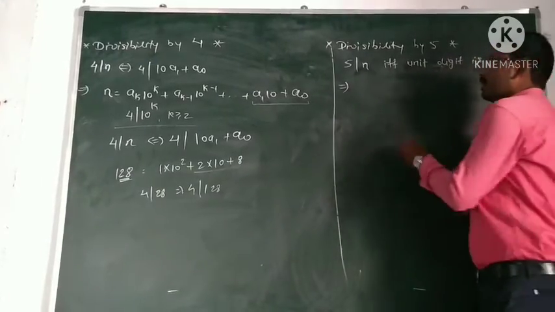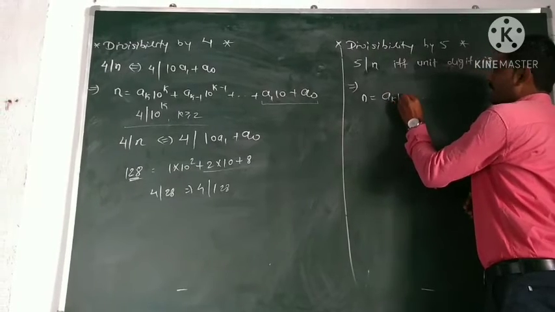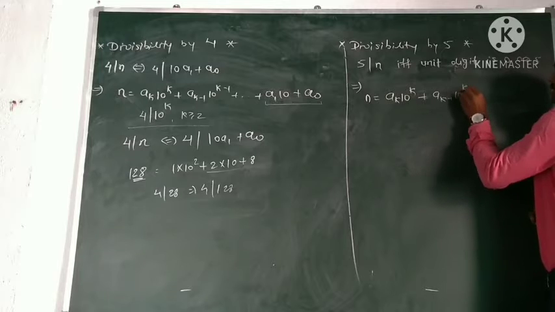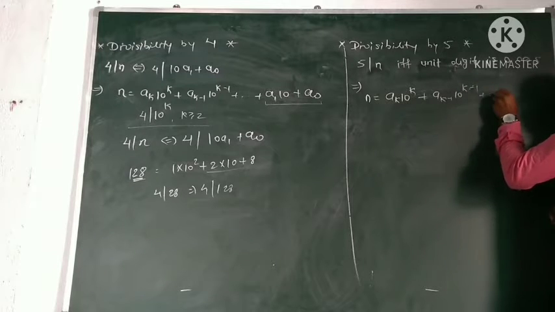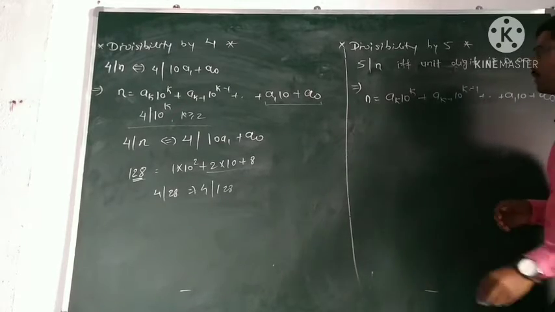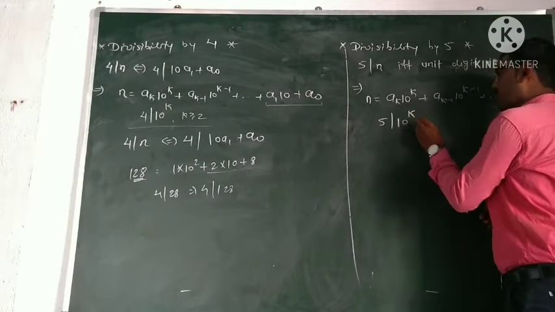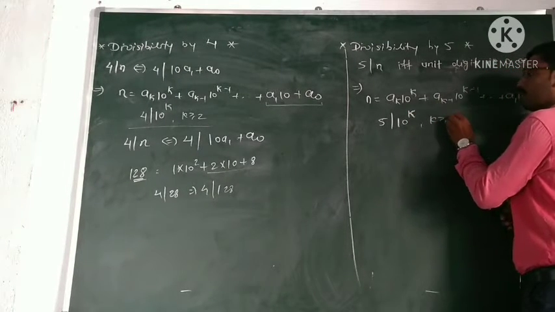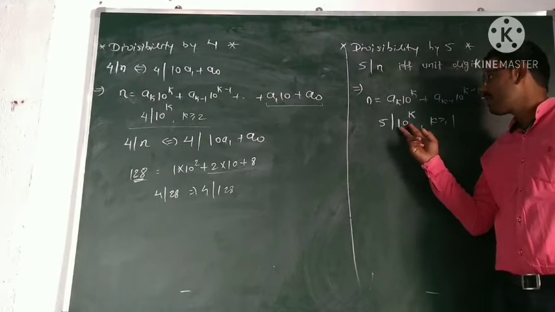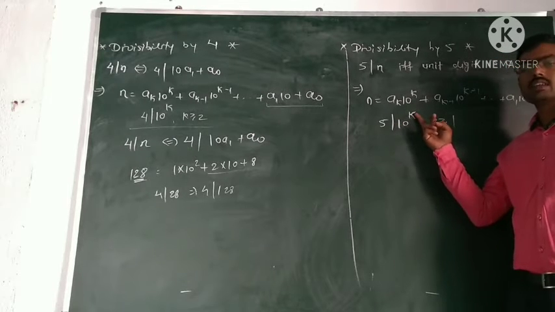Any number can be written as ak 10 raised to power k plus ak minus 1 10 raised to power k minus 1, up to a1 into 10 plus a0. Again we know that 5 divides 10 raised to power k for all k greater than or equal to 1. 5 divides 10, 5 divides 100, that is 10 square, 5 divides 1000, that is 10 cube. Only 5 does not divide 10 raised to power 0, that is 1.